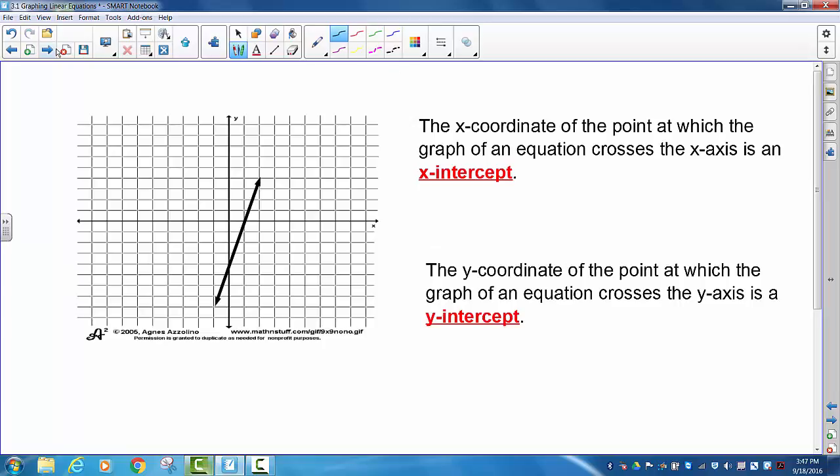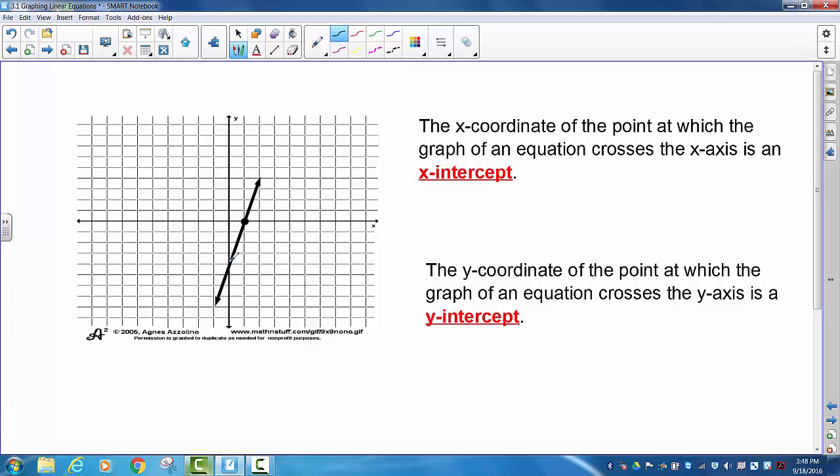The x-coordinate of the point at which the graph of an equation crosses the x-axis is an x-intercept. What that means is that this is the graph of a linear equation, this line, and where it crosses the x-axis is called the x-intercept. So this is the x-intercept right there.